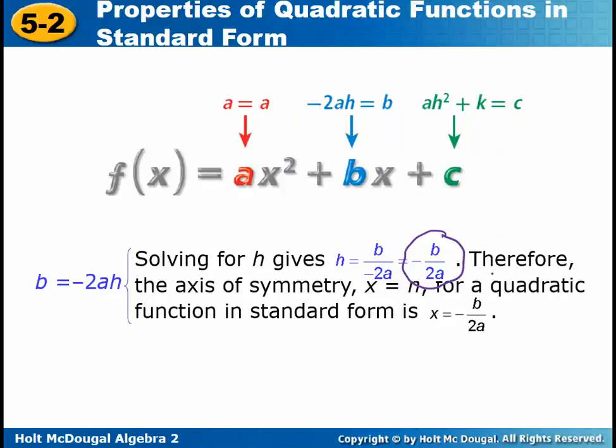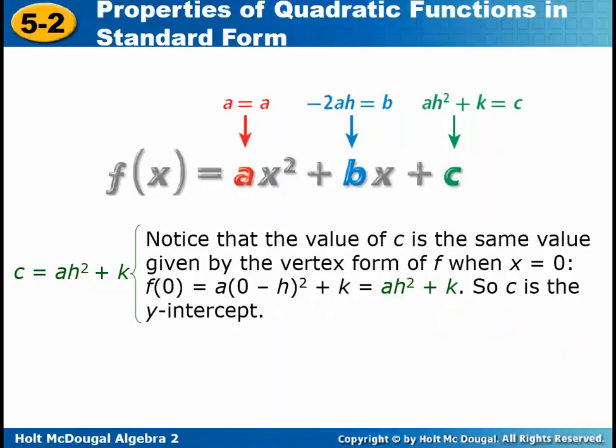That's going to come in nice and handy. Now we have a way of finding the x-coordinate of the vertex. And we can also find the axis of symmetry, because the axis of symmetry is just x equals the x-coordinate of the vertex. So now we have a way to find the equation of the axis of symmetry.